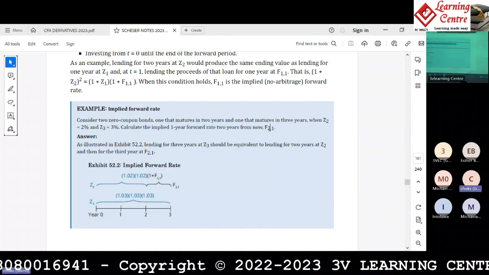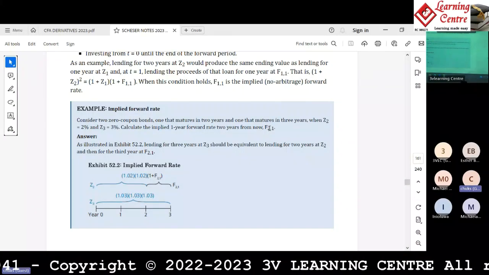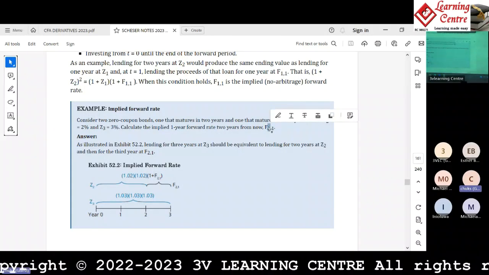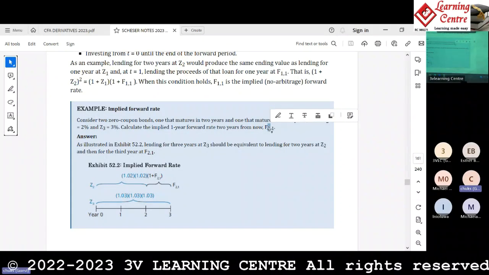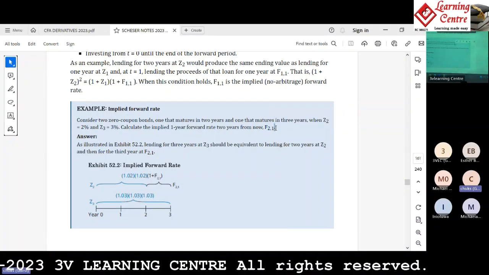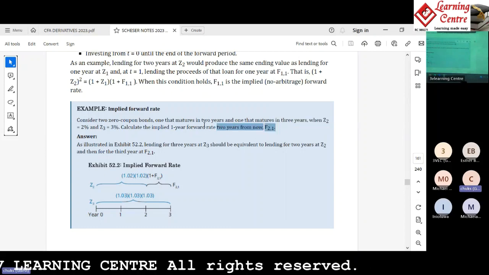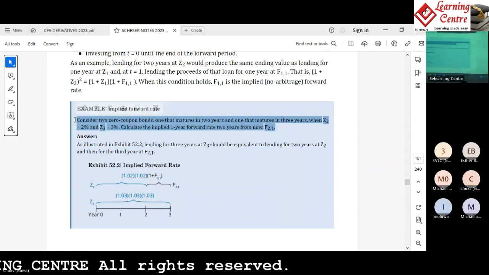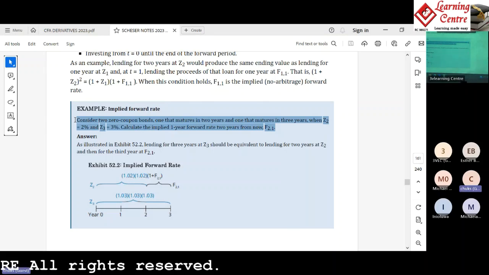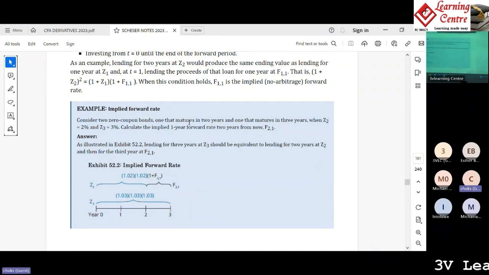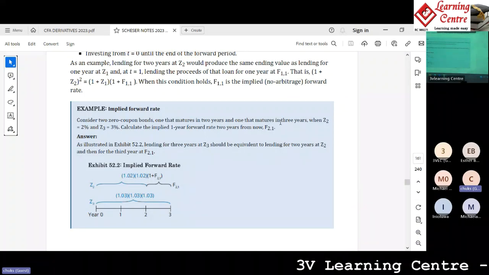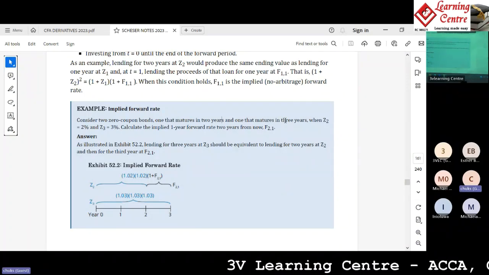Remember, the first number is when it starts, so it's starting 2 years from now. The second one is the length. Remember we mentioned that there must be arbitrage so that things equal themselves, so that people don't take advantage of market movements. So what this is saying is there are two bonds, one that matures in 2 years and one that matures in 3 years. We are assuming that they are all starting.